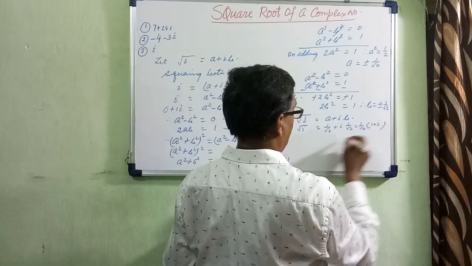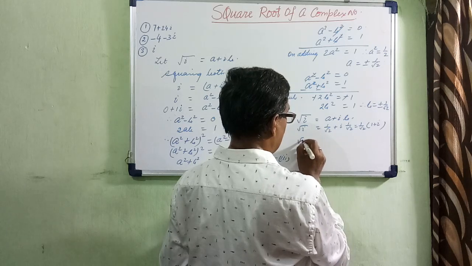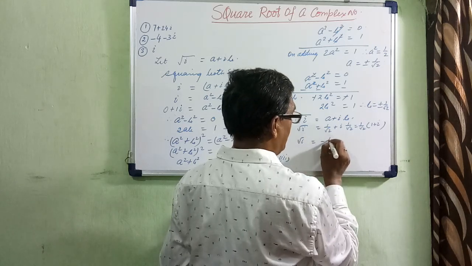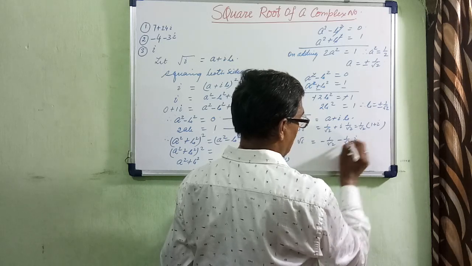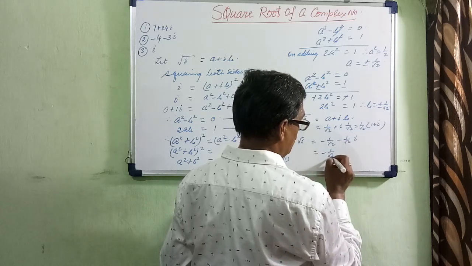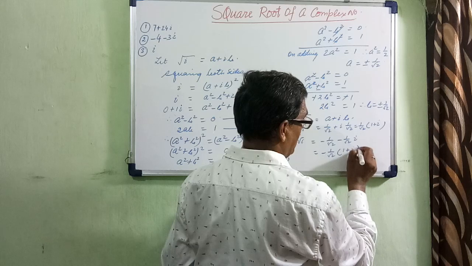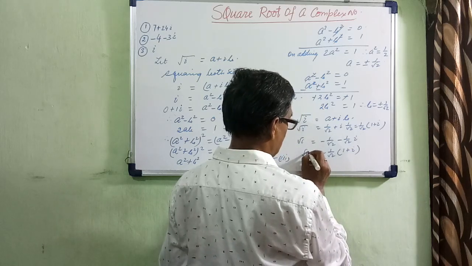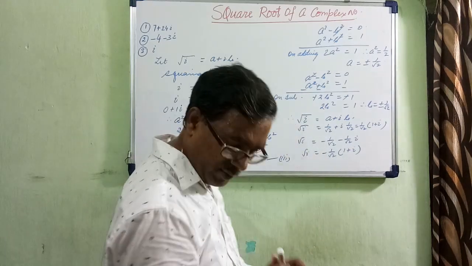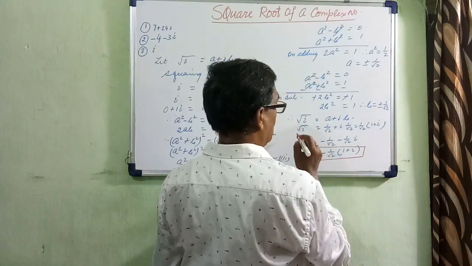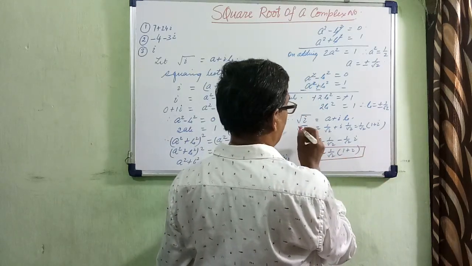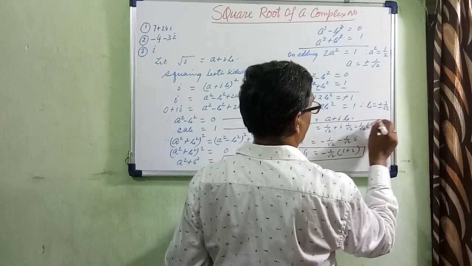And then another one, root i is equal to minus 1 by root 2 minus 1 by root 2 i, so minus 1 by root 2 common, 1 plus i. So this is your square root of this number. Therefore this way we can easily find the square root of the given number.